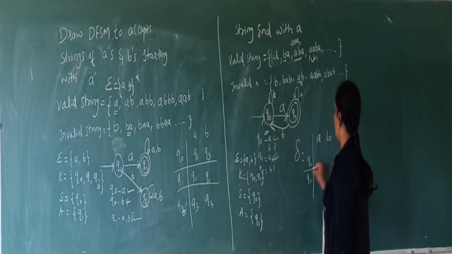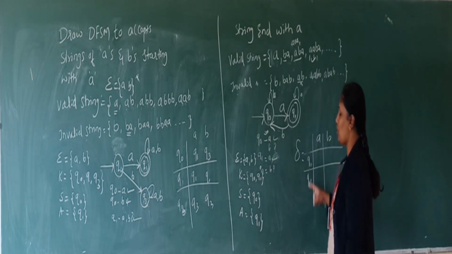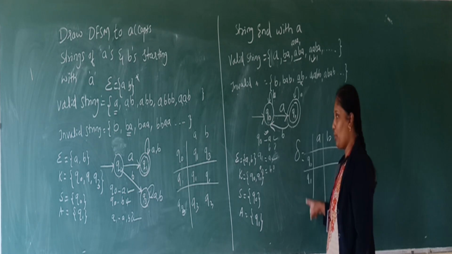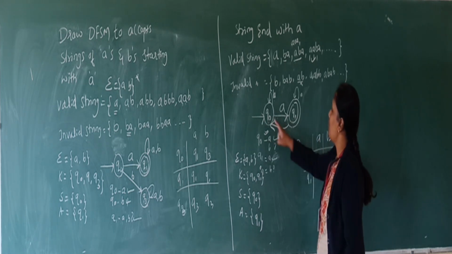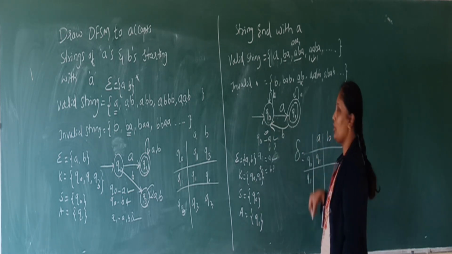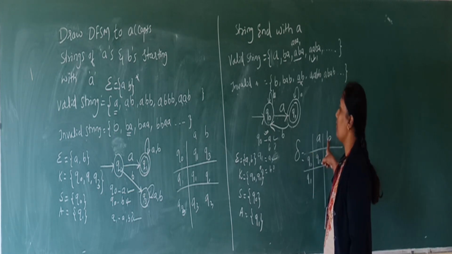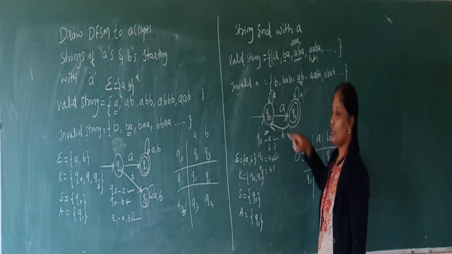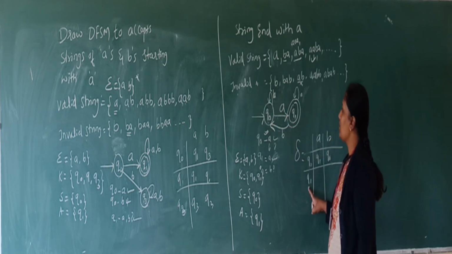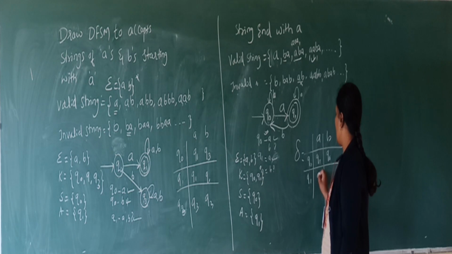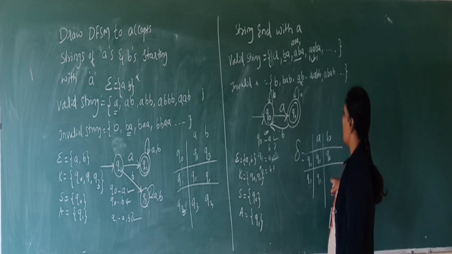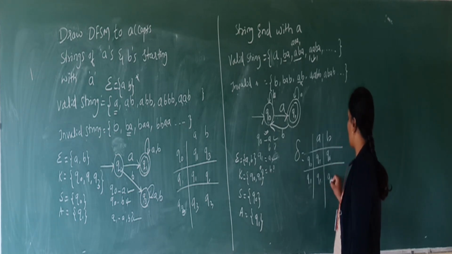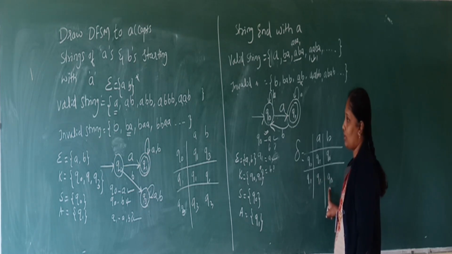Q0 and Q1, these are the two states of the DFSM, so I am going to write those as the row values. Q0 of A, where does it go? Q0 of A will move to the Q1 state. Q0 of B, where does it go? Q0 of B is a self loop, so it will stay in the same state. Next, Q1 of A is Q1 itself. Q1 of B will change its state from Q1 to Q0.